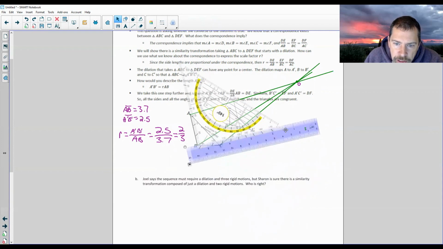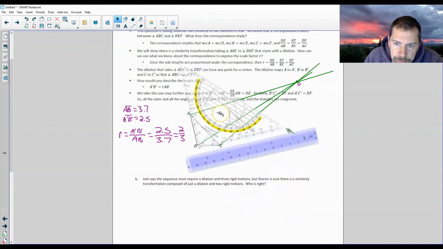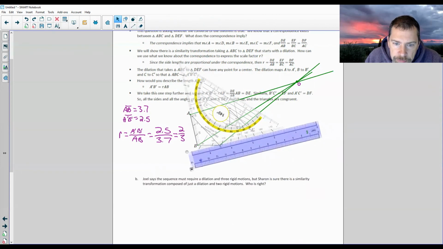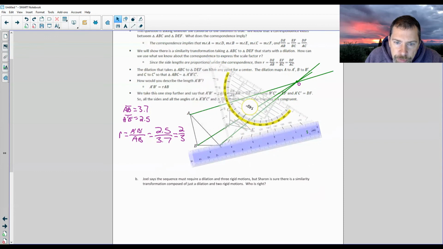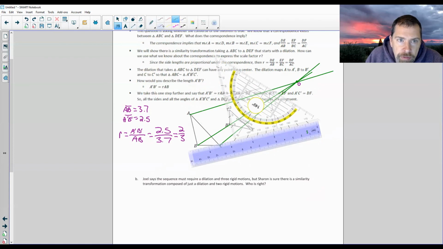I bring my ruler up. So if you're doing this on paper, this would line up like so. Then you would slide your ruler up until you are at B prime. And you would draw a segment from B prime up to A. And that is my A prime, B prime.